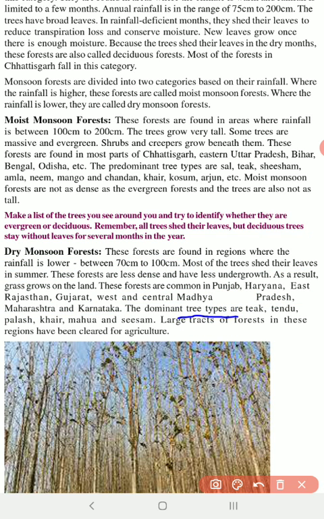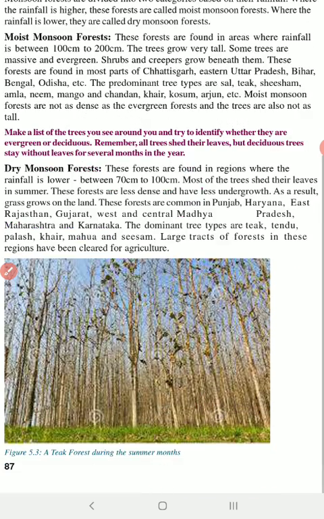The dominant trees in the dry monsoon forest are teak, tendu, palash, khair, mahua and sisame. Large tracts of forests in these regions have also been cleared for agriculture. Since it's a dry monsoon region, a large part of the forest has been cleared in order to cultivate the land.